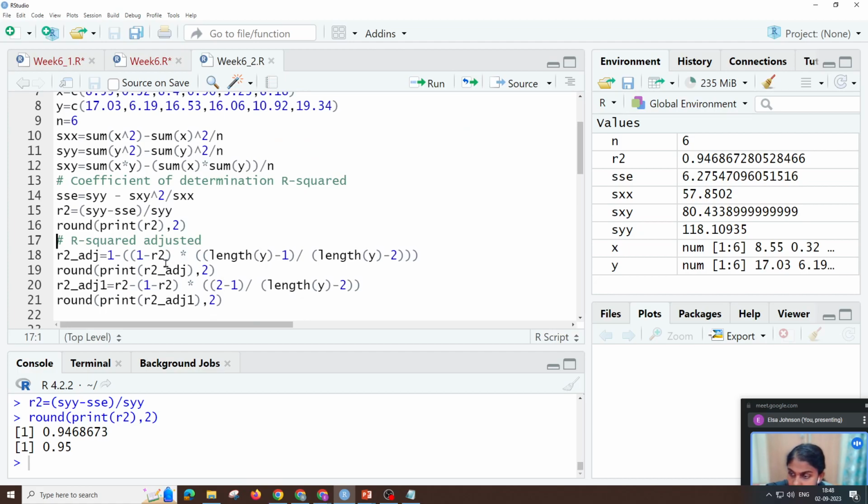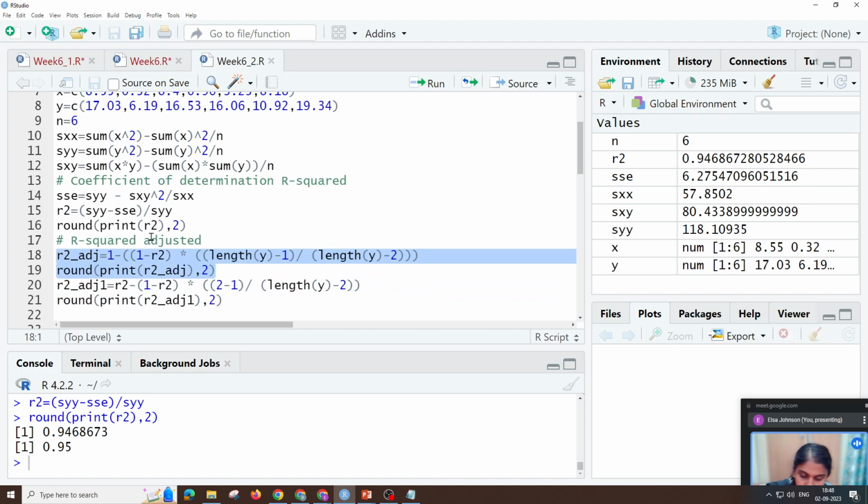same way like we have solved for the earlier question which I had explained with the values. So here you have to get R square adjusted equal to 1 minus R2 into length of y, 6 minus 1, by 6 minus 2. Okay, so then if you do this, other form was also there.